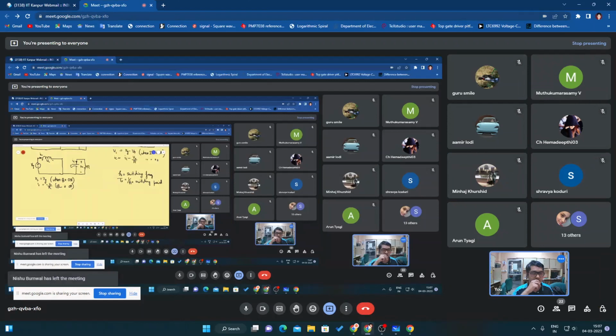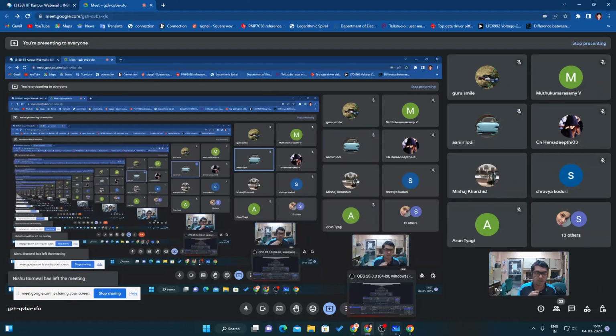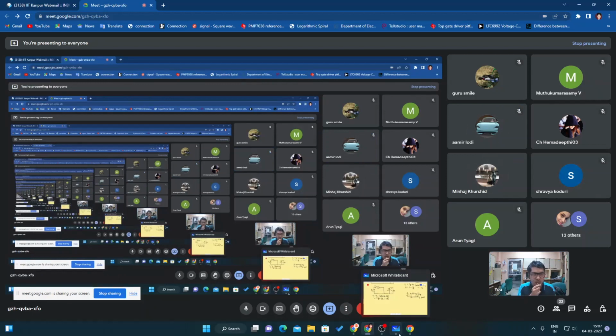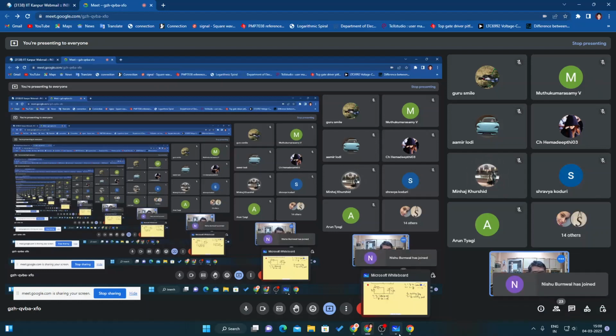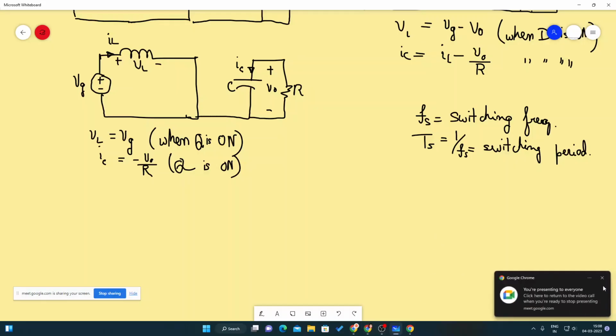Is it understood, everybody? Okay, no doubt. Since we have two sub intervals, we cannot check every point. So essentially, since the output is already DC, we will be taking the average throughout that Ts duration, which is the switching period. So let's take the average.